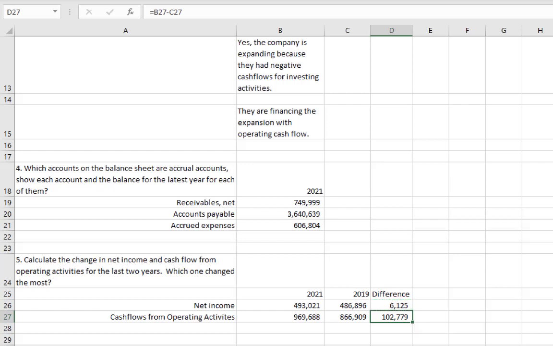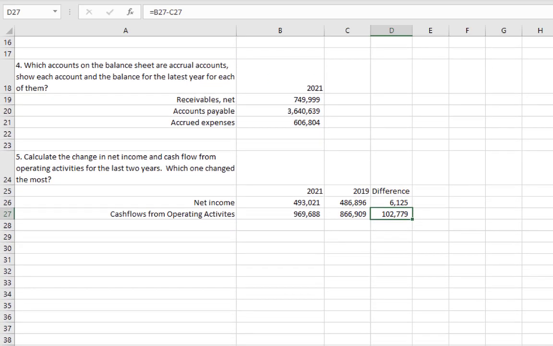Okay, so if I want to get rid of my Hollywood lights, those little blinky lights that you just saw, I just click escape. So notice now, what does the question say? Calculate the change in net income and cash flow from operating activities for the last 2 years. I've done that. They've both increased. Which one changed the most? Well, isn't that obvious?